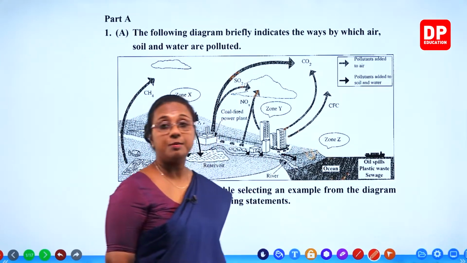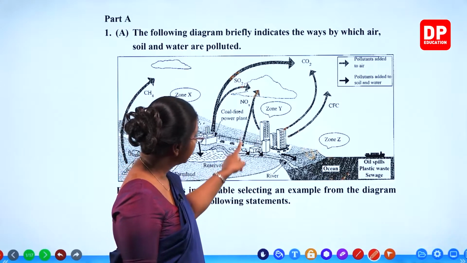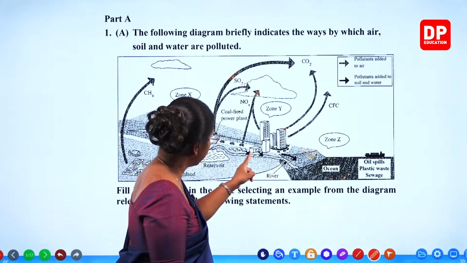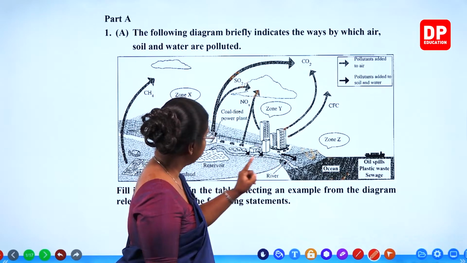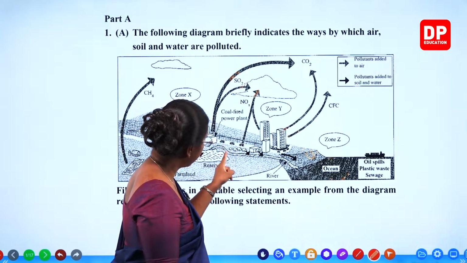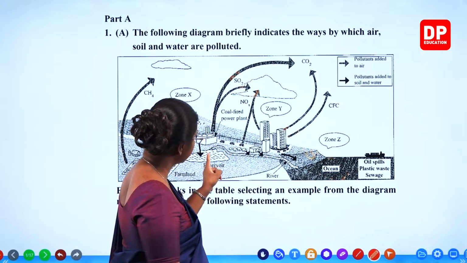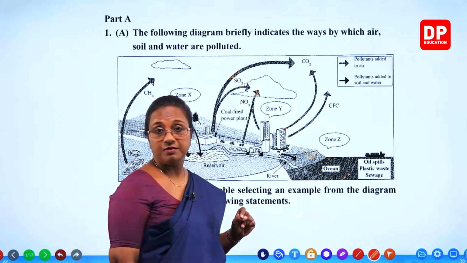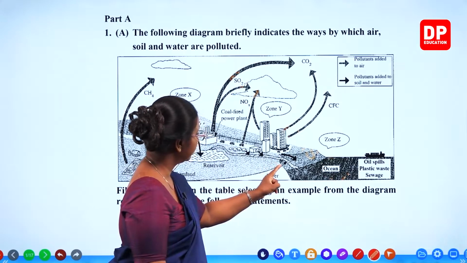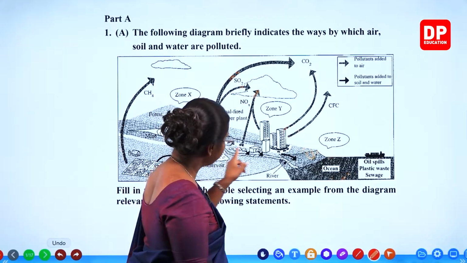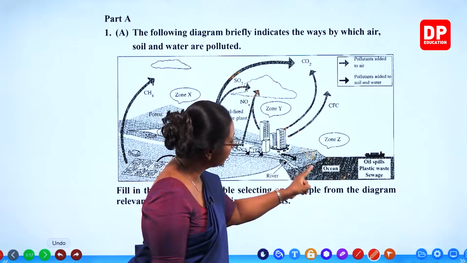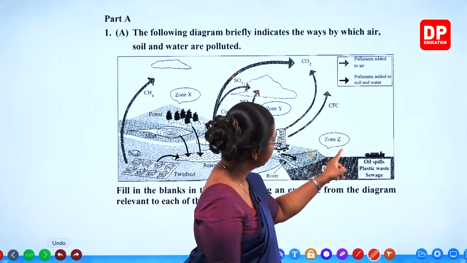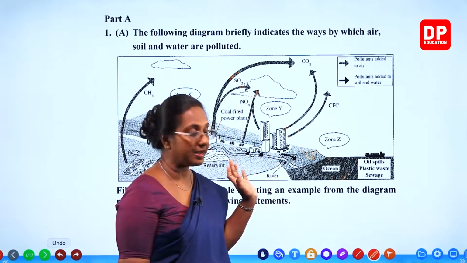Then from the households, the vehicles and the small hut-like structures, there is a river flowing. Into that there are different pollutants given into the water body. From the river, everything flows into the ocean. Above the ocean, they have labeled zone Z, that is again atmosphere.